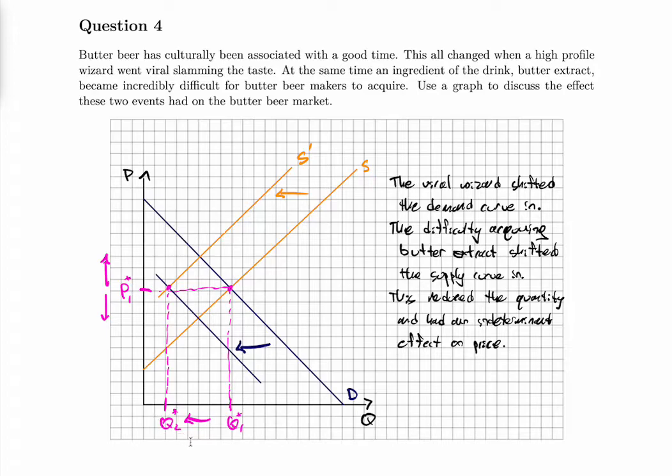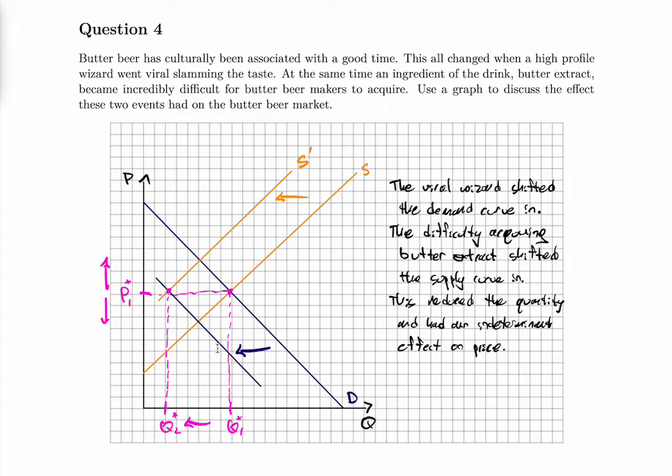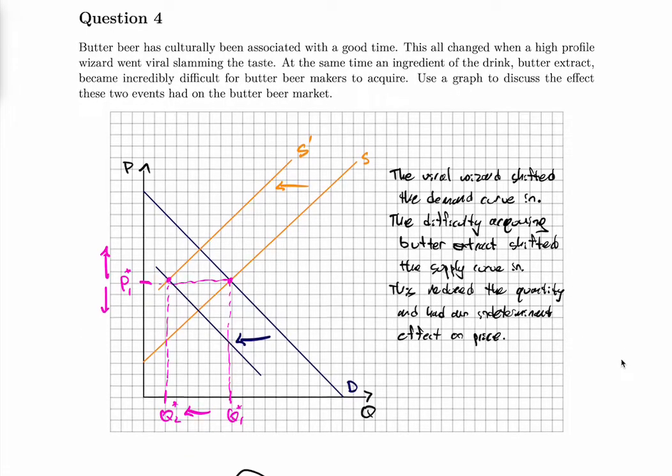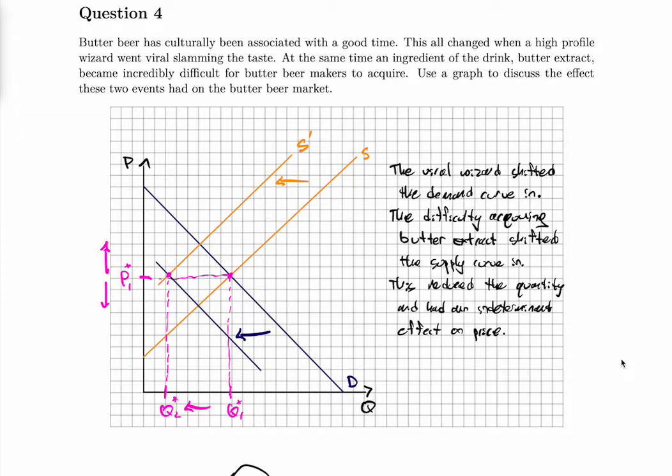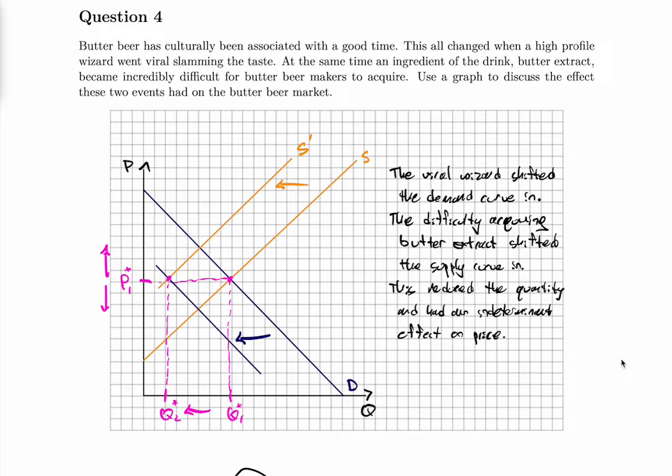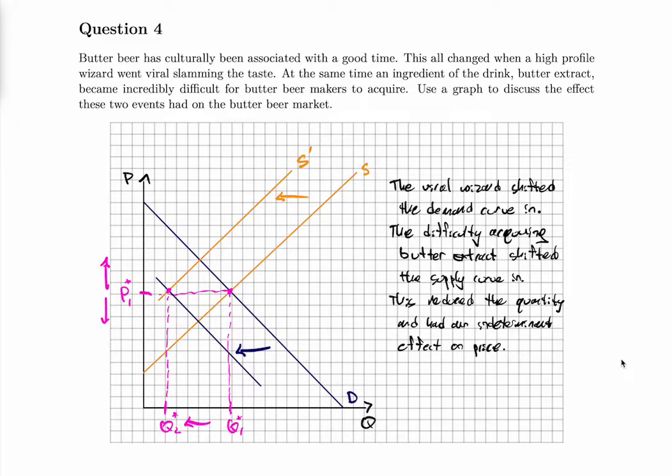We certainly know that quantities are smaller, but prices are what we call indeterminate. There are competing forces, and without knowing the relative size of the shifts, we don't know whether prices have gone up or gone down.